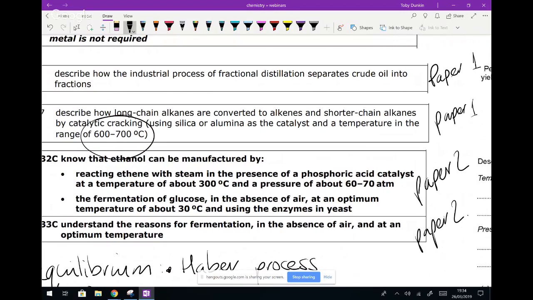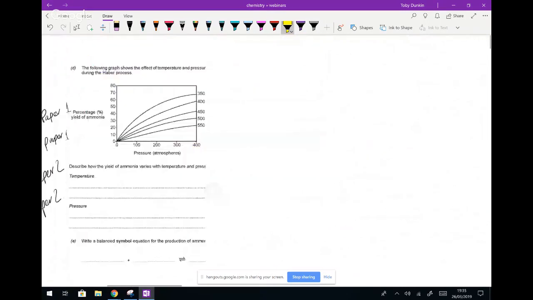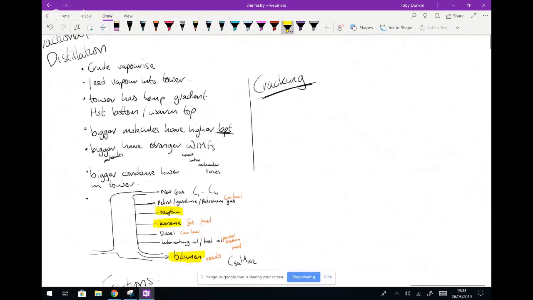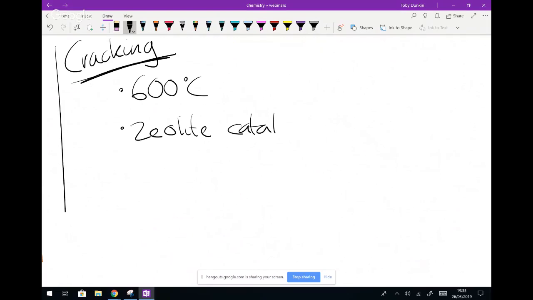By the way, I quote 600 because it's an easy one to remember. And it says using a silica alumina or alumina catalyst. Can I just point out, I hate Edexcel for that. The reason being is those of you who will go on to do A-level chemistry, let's just give our conditions, 600 Celsius, and I'm going to tell you to learn a zeolite catalyst.